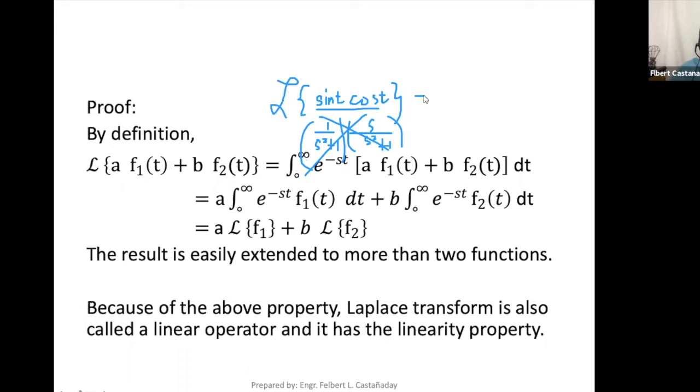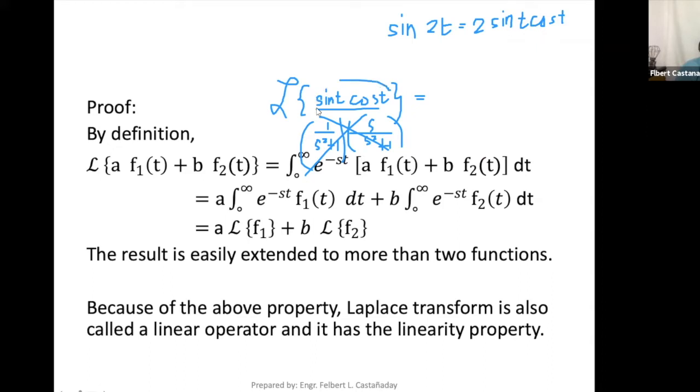Instead, you think of an appropriate identity for trigonometric functions, just like this one. Remember that sine of 2t is equal to 2 sine of t cosine of t. You recall this one.